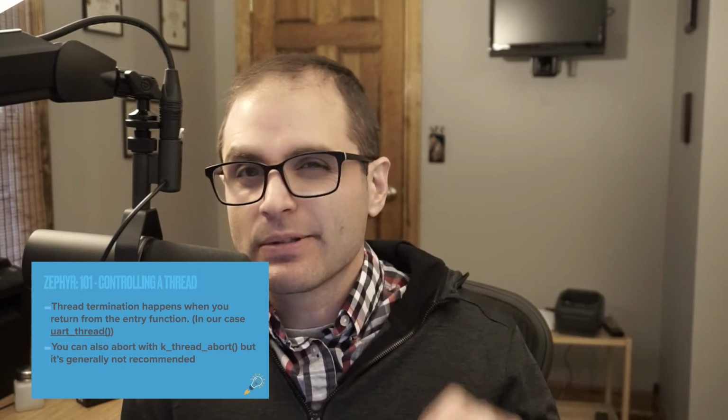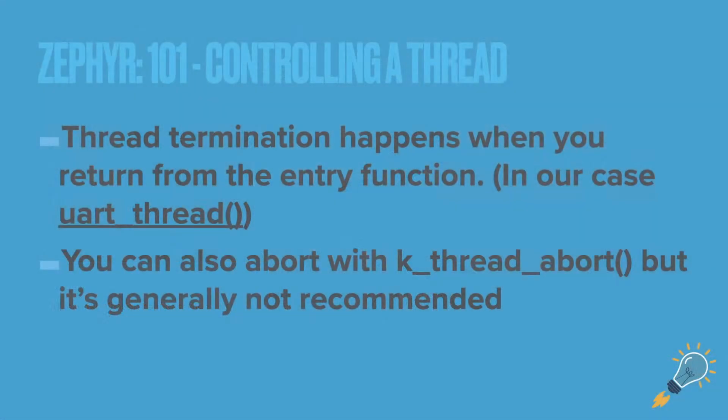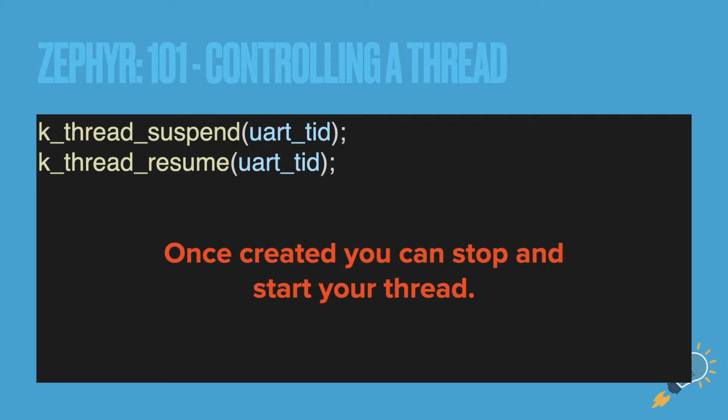So generally, don't use that if you're writing any type of code, unless it's a destructive thing where you're trying to stop a thread completely right before you reboot the device or something. That might be an option for using that type of function. But generally, use these two functions, the suspend and resume.